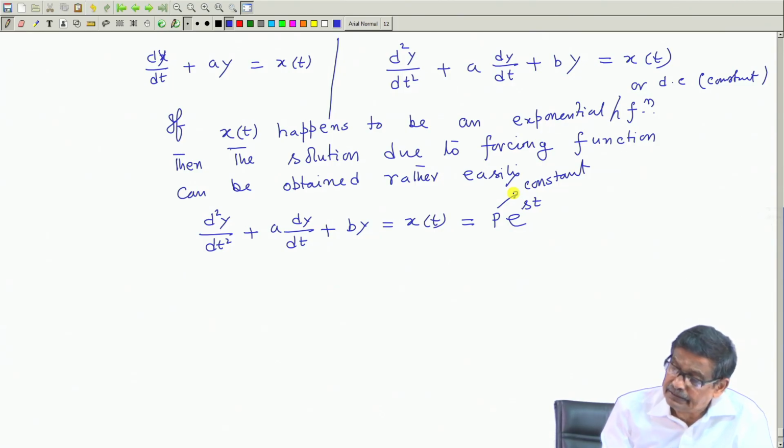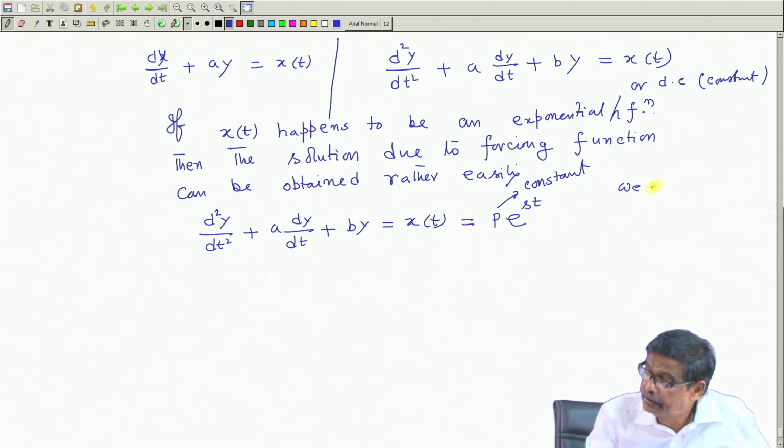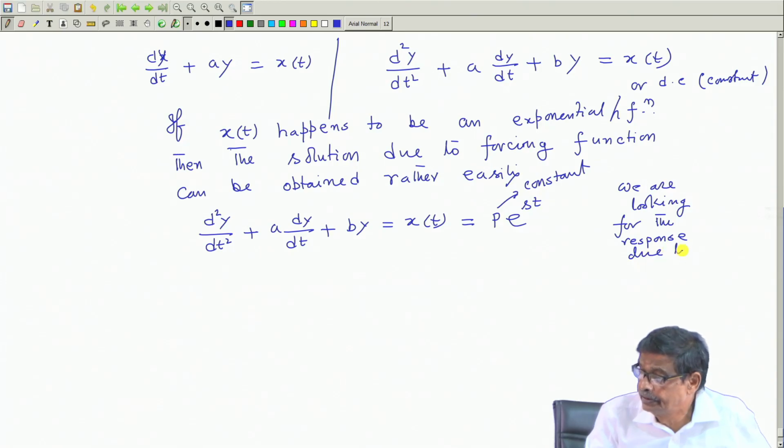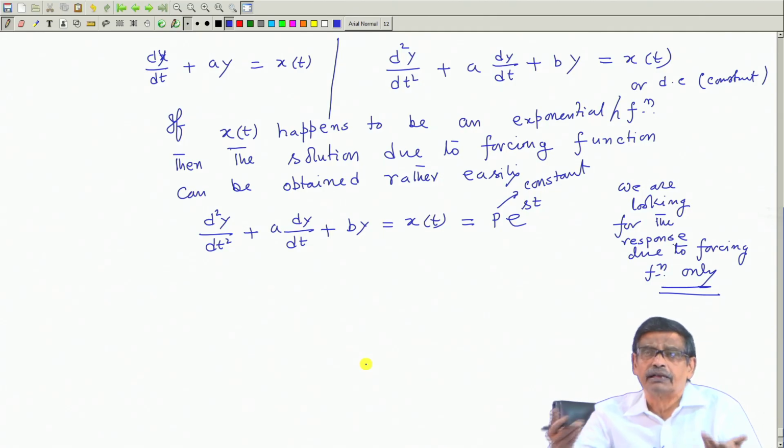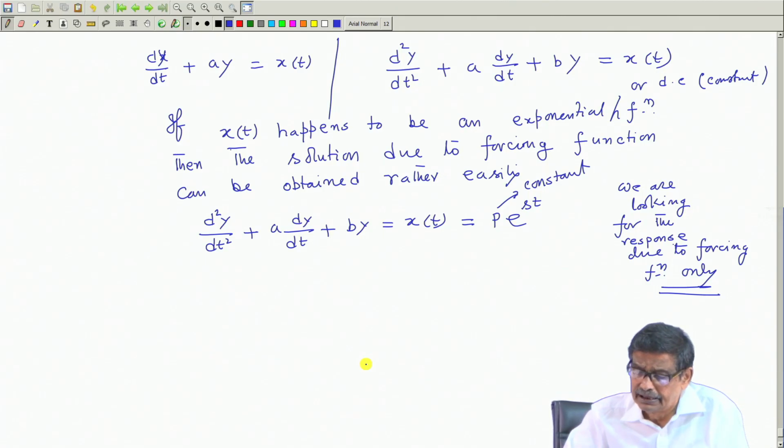The left hand side, and we are looking for the response due to forcing function only. This you must understand, forcing function only, because other terms will be there, a1 into e to the power m1 t plus a2 into e to the power m2 t, that thing will be there.